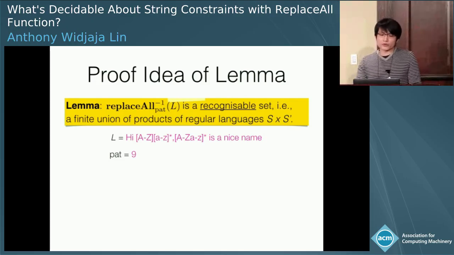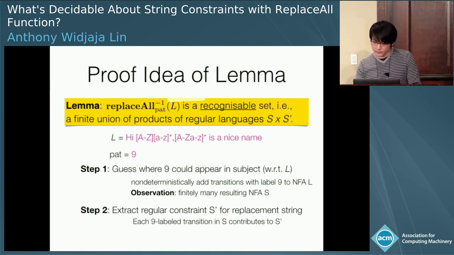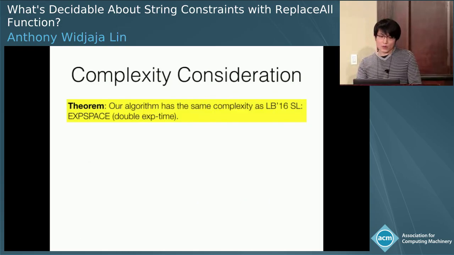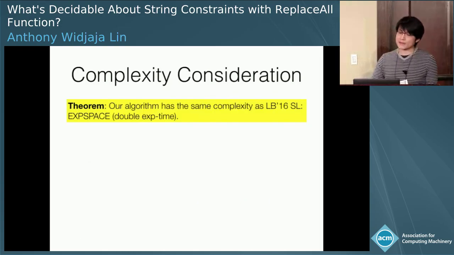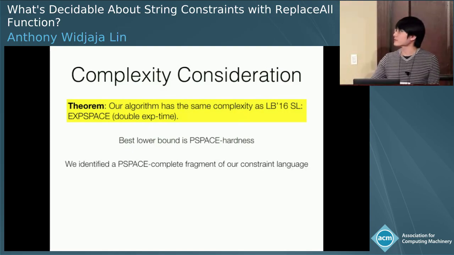I'm not going to go through the proof idea of the lemma, so I will just refer you to the paper because of time constraints. But I want to mention quickly that the complexity of the algorithm is exponential space, and there's currently a gap here between PSPACE and exponential space, which is the best lower bound.